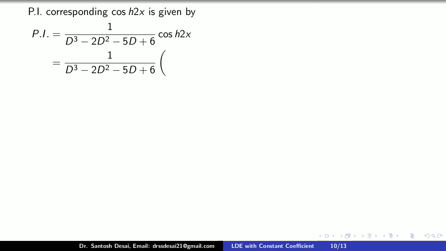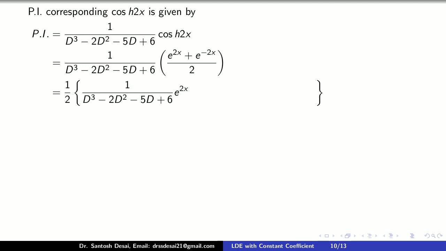That is e raised to 2x plus e raised to minus 2x divided by 2. Now 1 by 2 is the constant term. I take it outside and simplifying these brackets we get 1 upon d cube minus 2d square minus 5d plus 6 into e raised to 2x plus 1 upon d cube minus 2d square minus 5d plus 6 into e raised to minus 2x.